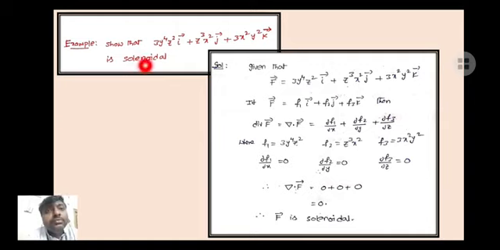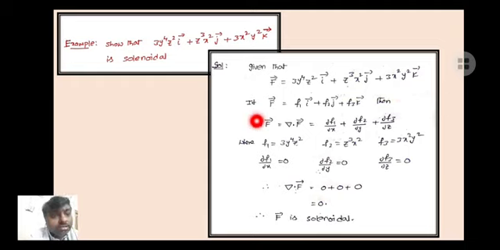Show that 3y power 4 z square i bar plus z cube x square j bar plus 3x square y square k bar is solenoidal. For showing the vector point function is solenoidal, it is enough to show that the divergence is 0. Given that f bar is equal to 3y power 4 z square i bar plus z cube x square j bar plus 3x square y square k bar.